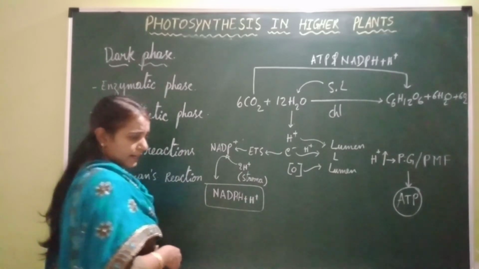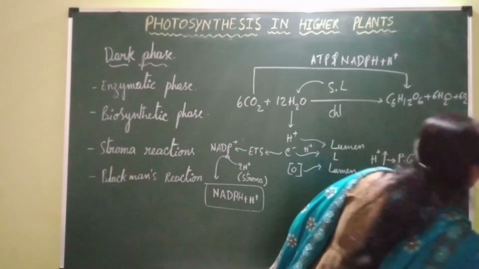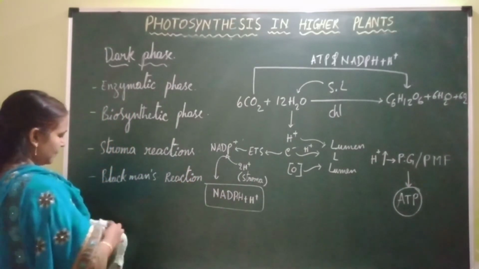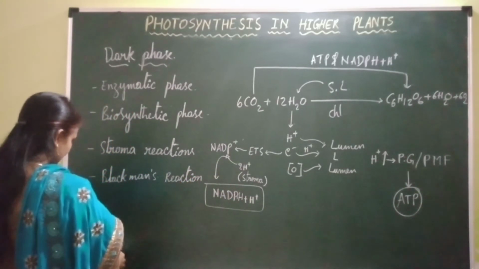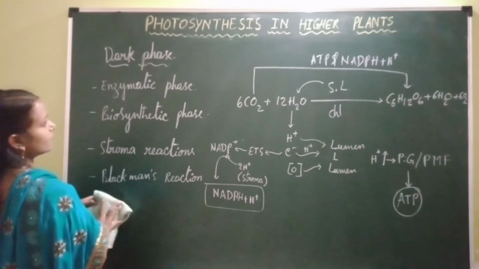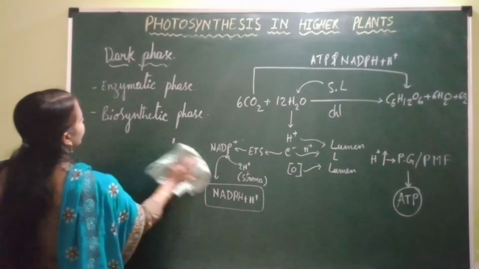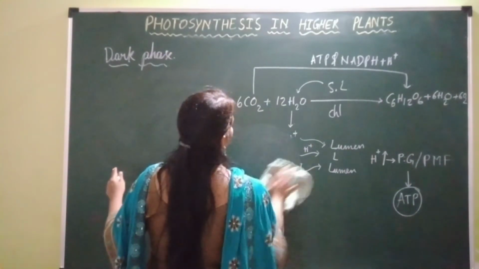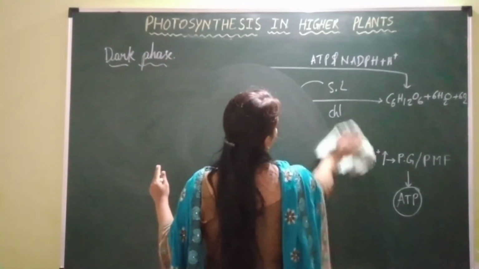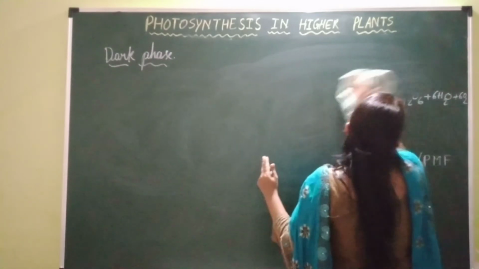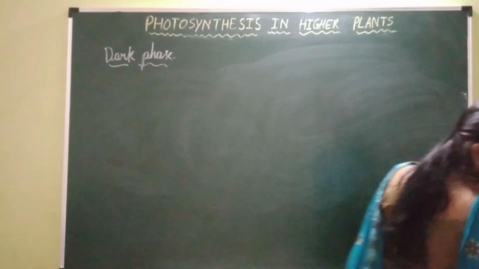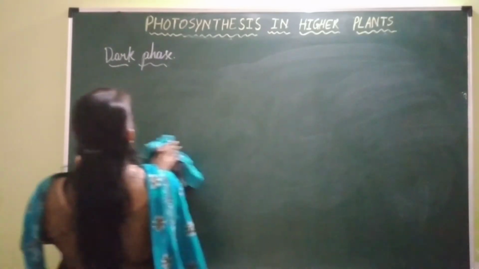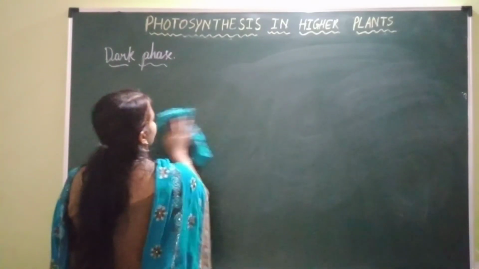This dark phase occurs by different pathways in different types of plants. Carbon dioxide assimilation or carbon dioxide fixation occurs by different pathways.